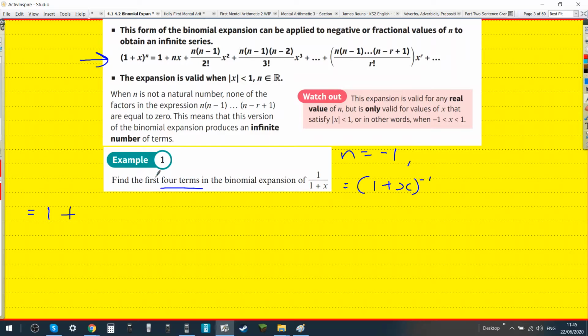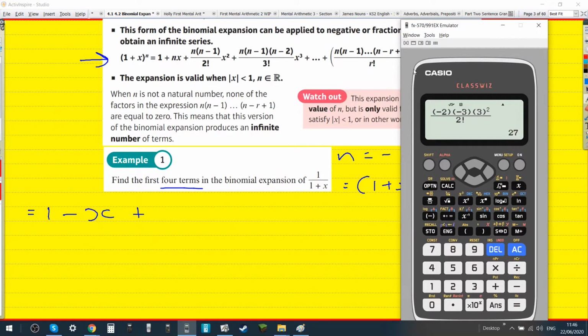So find the first 4 terms in the binomial expansion of 1 over 1 plus x. Yes, so we do it for 4 terms. N is minus 1. Okay, so 1 minus x, and then plus minus 1 times minus 1 over 2 factorial.